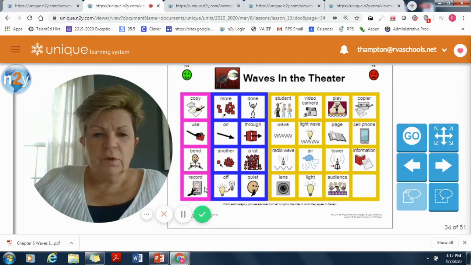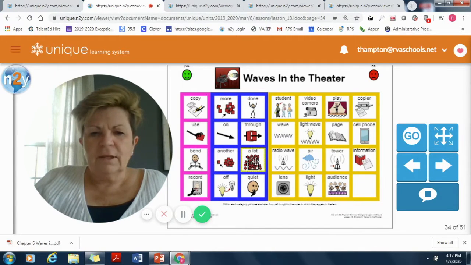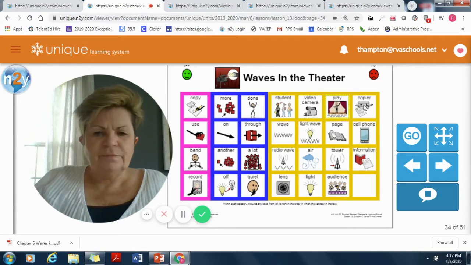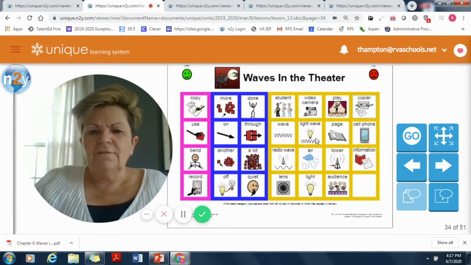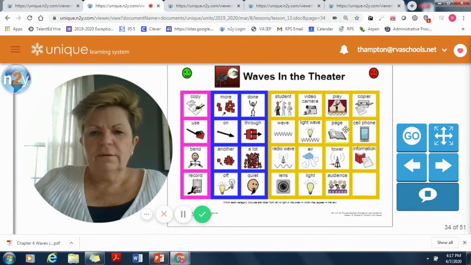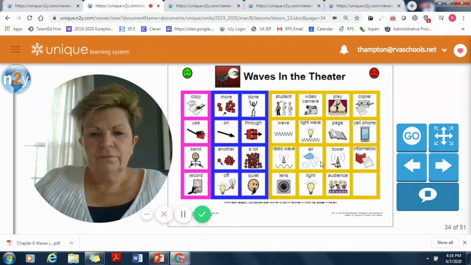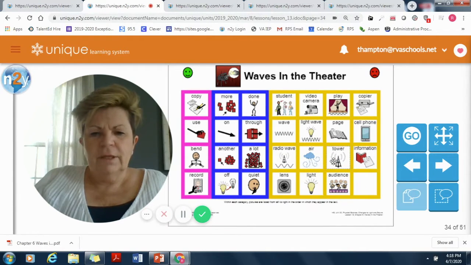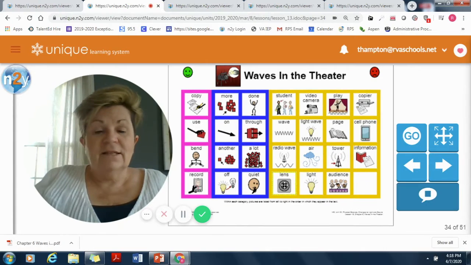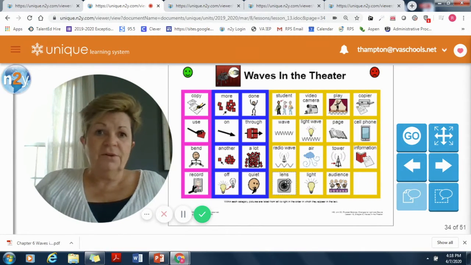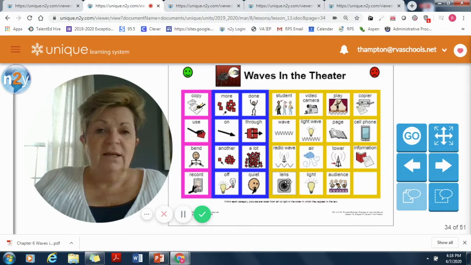Bend, record, another, and then video camera, play, copier, wave, light wave, page, and cell phone. Radio wave, tower, and lens. So those are real important vocabulary words that we're going to go through today.